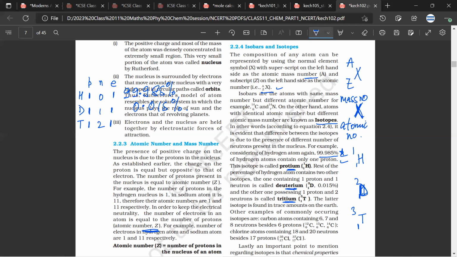Are we clear till here? Tritium would be negligible. So these are the three isotopes of hydrogen, and because it is mentioned in the textbook, we should remember the names of the three isotopes of hydrogen.